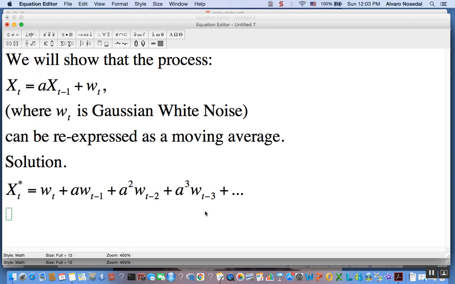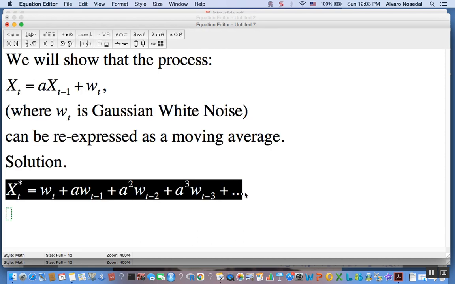Okay, so these two are different, okay? Okay, so as I was saying, let's apply the backward shift operator to the right-hand side of that equation we just wrote.